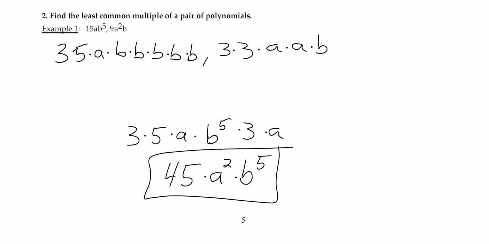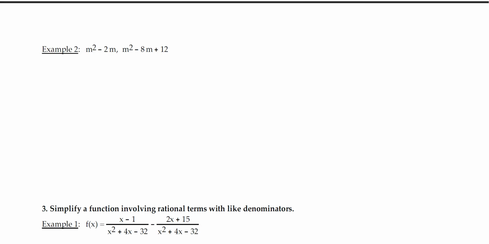Okay, next example. We have m squared minus 2m and m squared minus 8m plus 12. Factoring, greatest common factor first. And 6 and 2, minus 6, minus 2. Oops, I did an x.